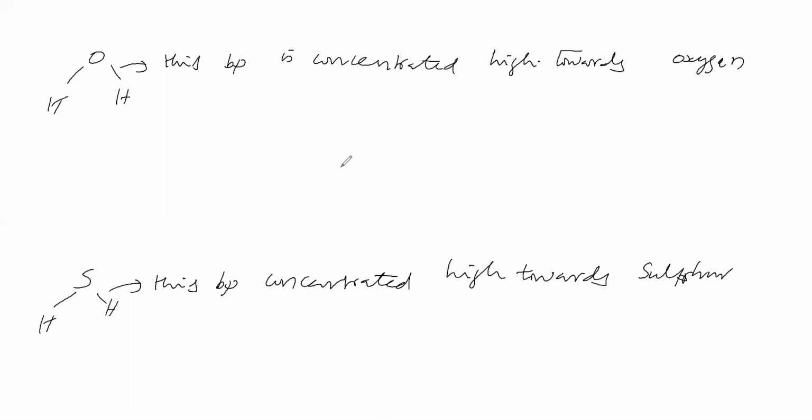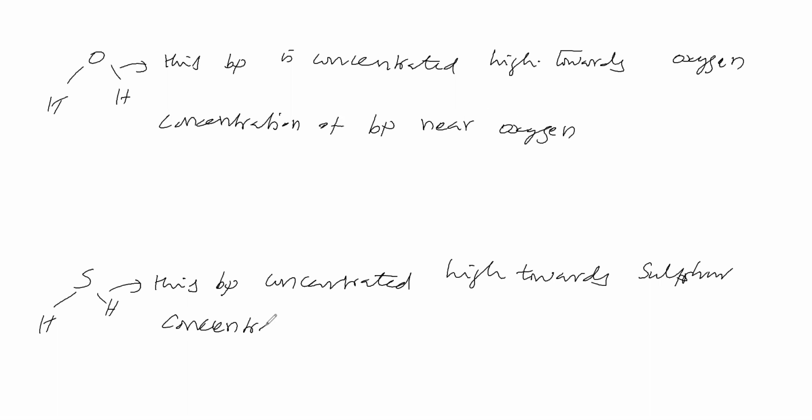Now, what about the concentration of bond pair near oxygen and near sulfur? We will see. How will the concentration of bond pair near oxygen and the concentration of bond pair near sulfur be? If we see, oxygen is more, sulfur is less, because the oxygen electronegativity is higher than sulfur.